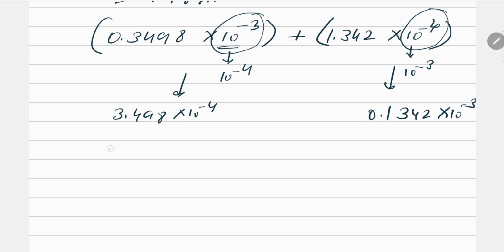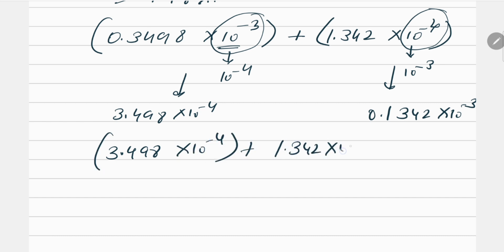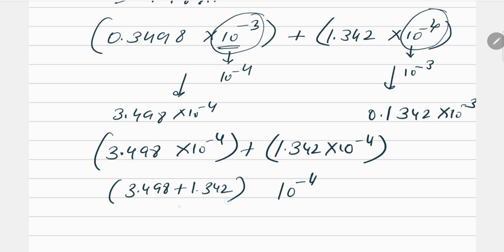So this has been converted to 3.498 into 10 raised to power negative 4 plus 1.342 into 10 raised to power negative 4. 10 raised to power negative 4 is taken common, and 3.498 plus 1.342 gives 4.84, so it becomes 4.84 into 10 raised to power negative 4. So this is how these are calculated.